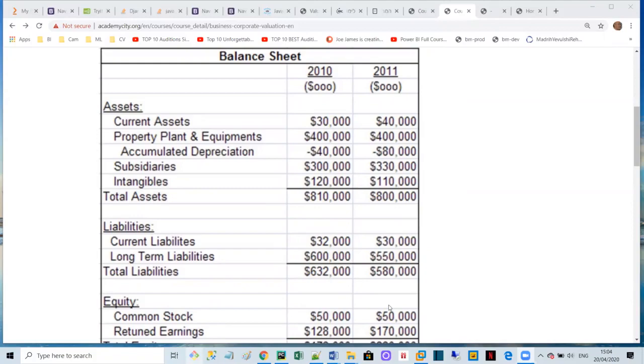Then we have retained earnings. Retained earnings is how much profit the company has made since it was established until the end of 2010. They have made profit of such and such, and from that amount they distributed dividends, and the net is 128,000. So far so good, everybody?